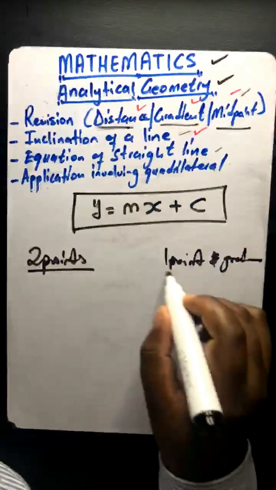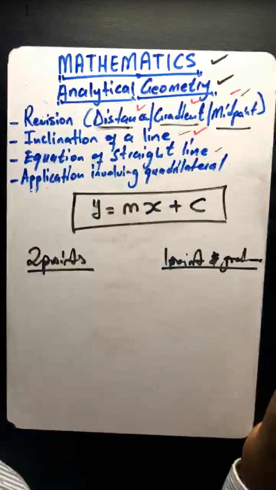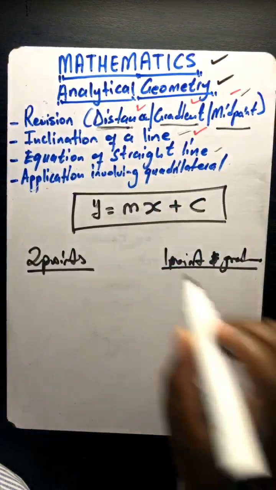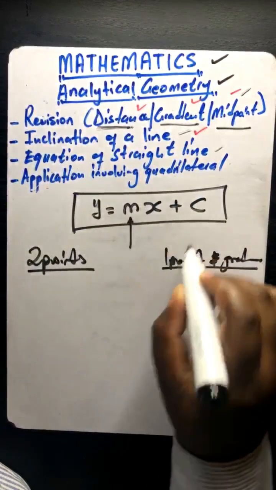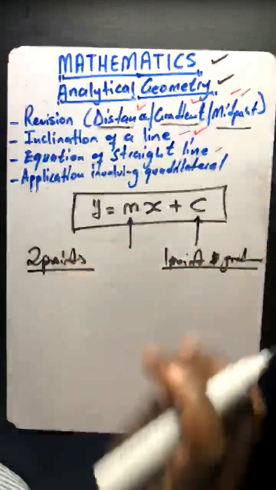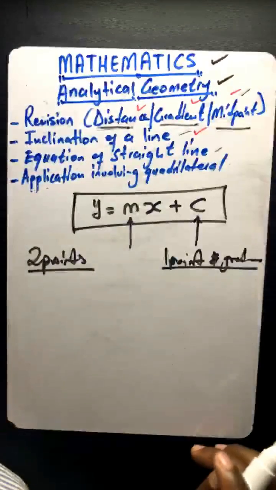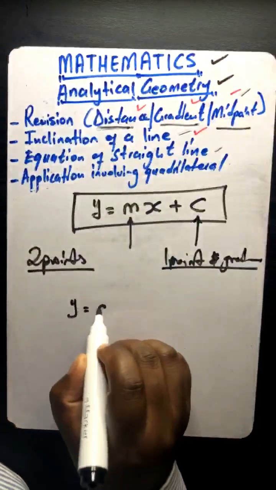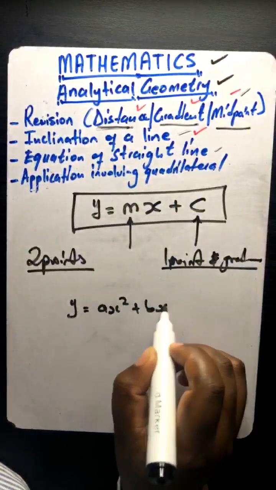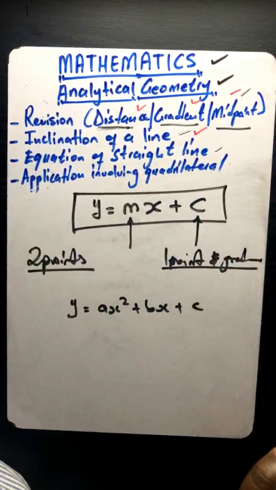So every time the examiner says determine an equation of a straight line, they are simply saying find M and find C and rewrite that equation in terms of X and Y. That's what is meant by determining an equation of a straight line. It doesn't matter what type of function it is, when they say determine the formula or the equation of that particular graph or function.